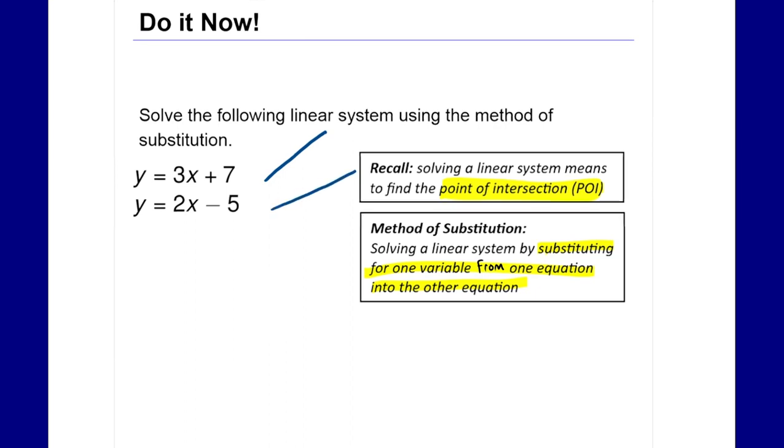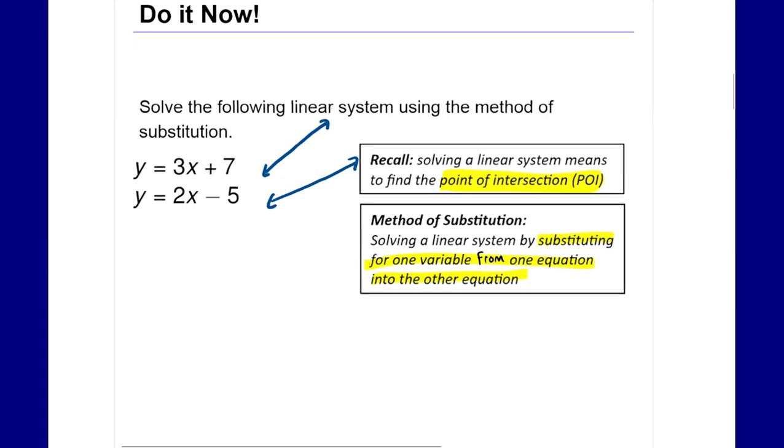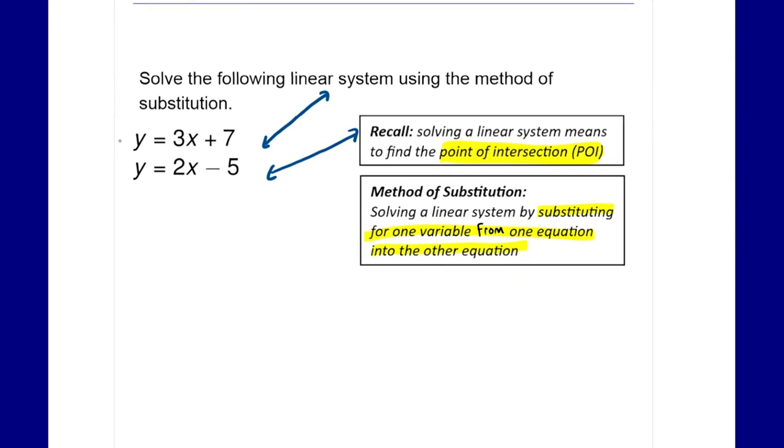So we want to see, okay, where do they intersect? We could graph them and see where on the graph they cross. But again, it's not going to be that easy depending on what the point of intersection is or depending on where it is.